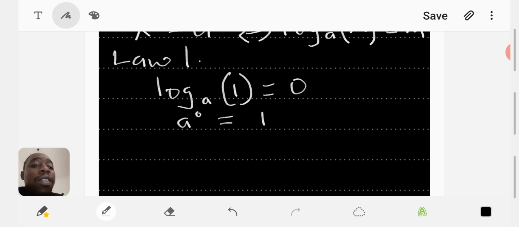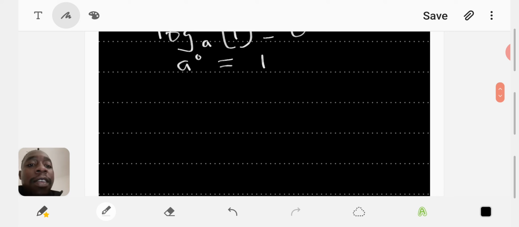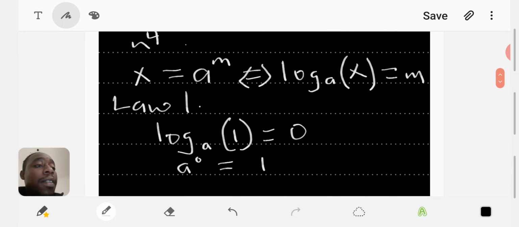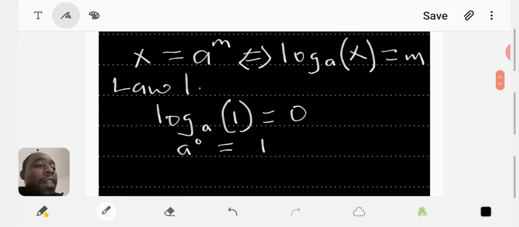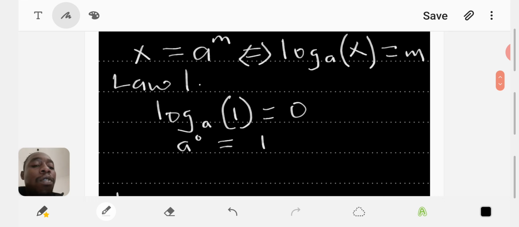So this is what this law is actually saying. So bear this in mind, that if the question is asking you to find the log of 1 to any base, then you must definitely know that the answer is 0.